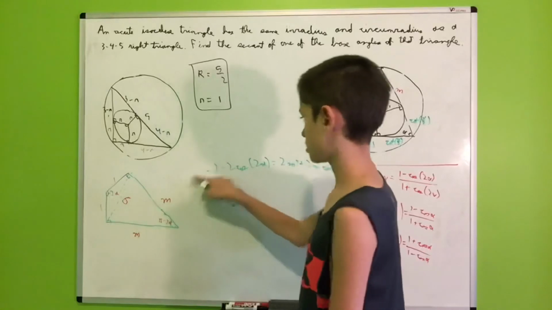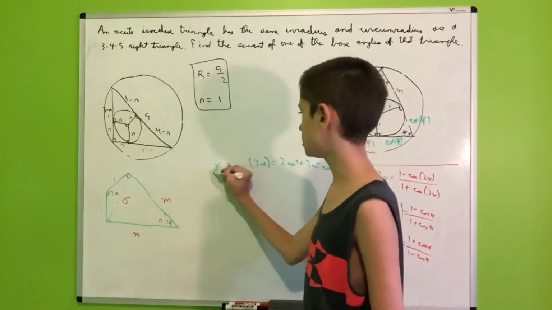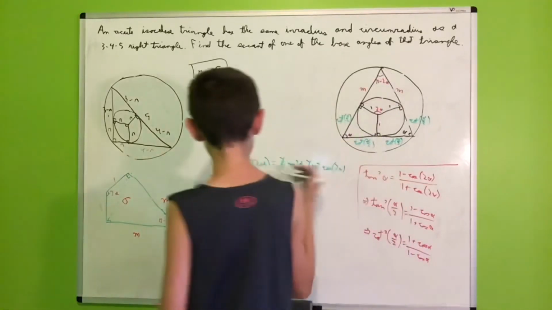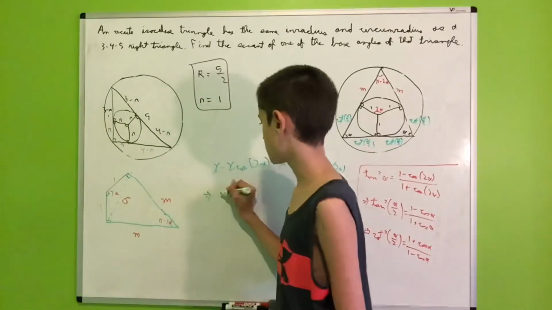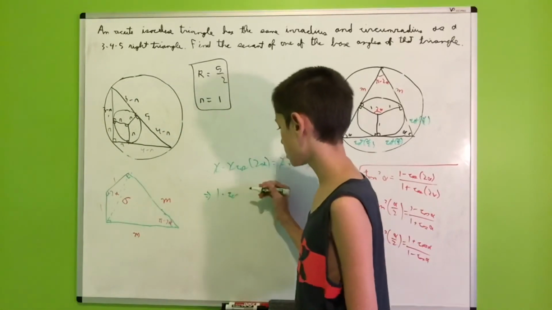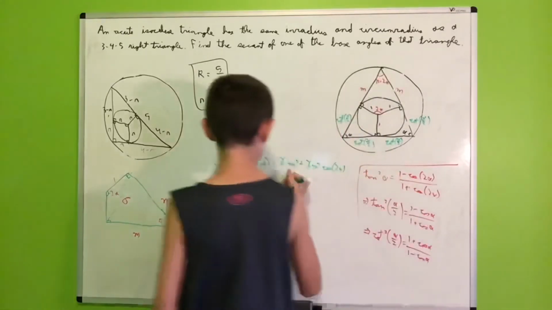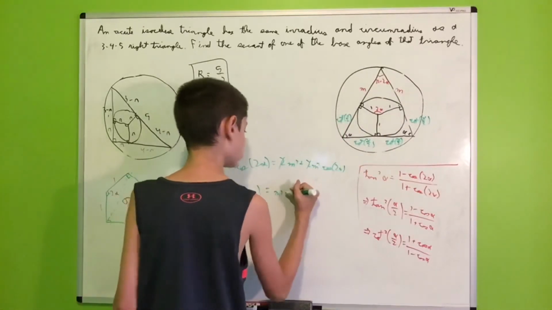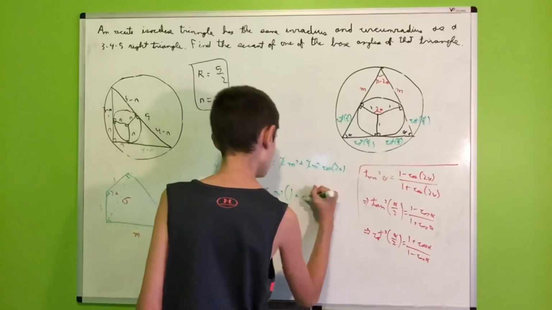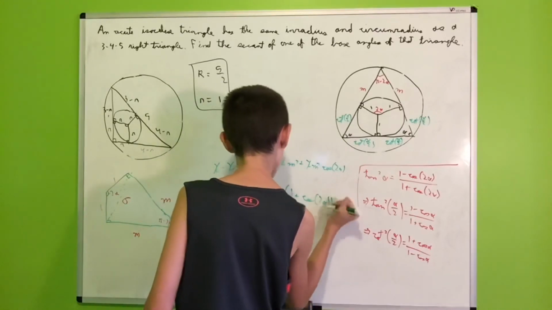And then we can simply divide everybody by 2, which leaves us with 1 minus cosine of 2 alpha is equal to, factoring out the m squared, m squared times 1 plus cosine 2 alpha.